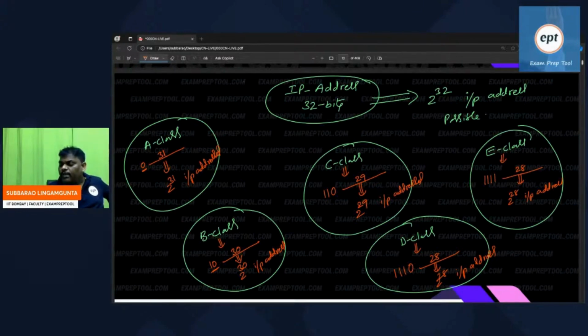Every IP contains 32 bits. It doesn't matter whether it is class A or class B. But in those 32, how many bits are fixed and how many are variable? If it is variable, everywhere 2 choices. Here 31 bits can vary, but this is the fixed part and this is the variable part.